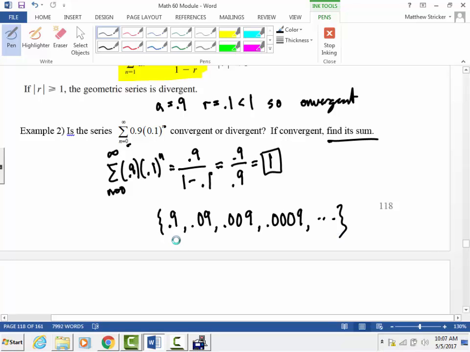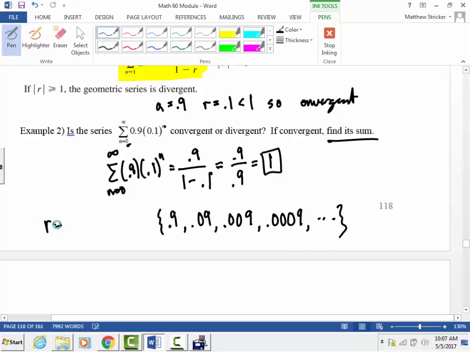So I could have listed them like this and come up with the fact that my a has to be 0.9, and then how do I get from here to here? If I was given this and I wanted to go back, how could I figure out that r was 0.1? You just divide it. This divided by this, 0.09 divided by 0.9.